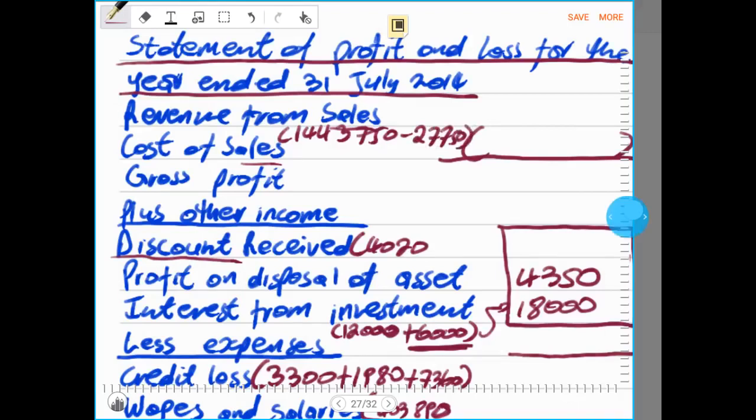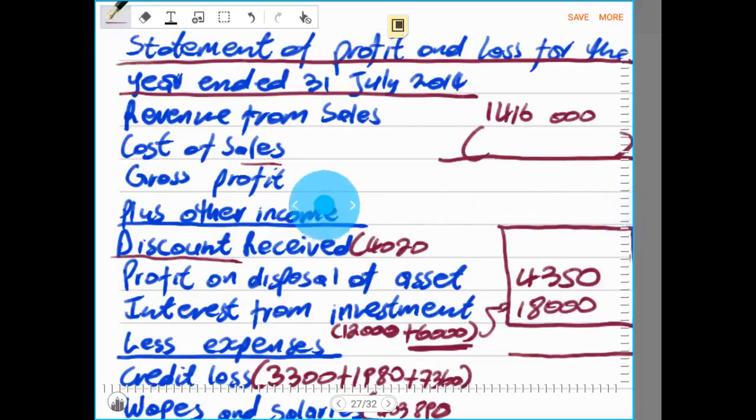That will give us the amount of sales as 1,416,000. Let me just wrap this for neatness purpose. Otherwise, we must show that in brackets.